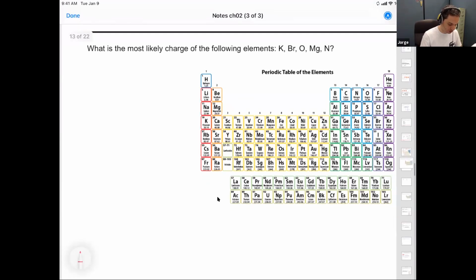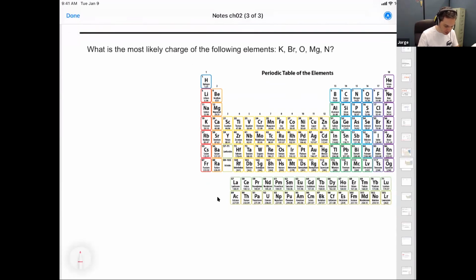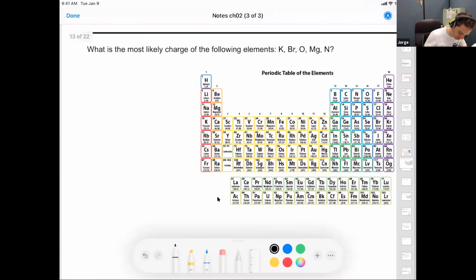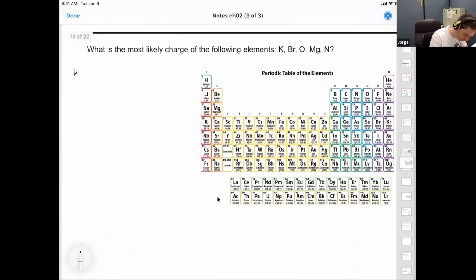Always, to determine the most likely charge for an element to achieve stability, the first step is to write the electron configuration. So let's start here with potassium. Potassium is right here.